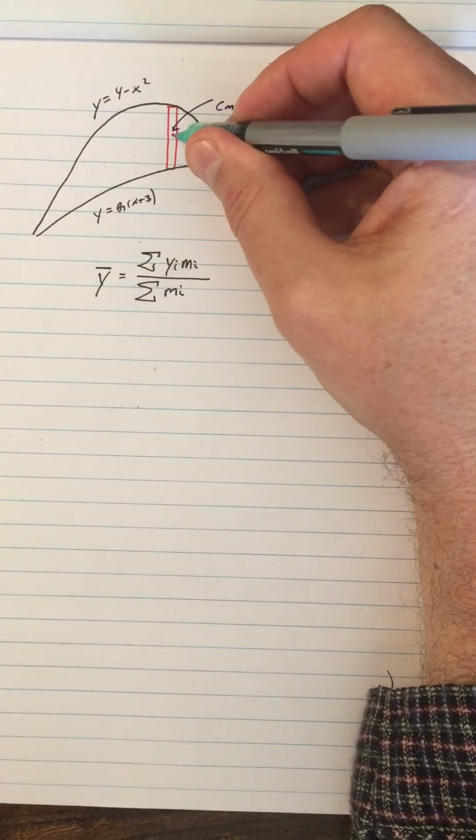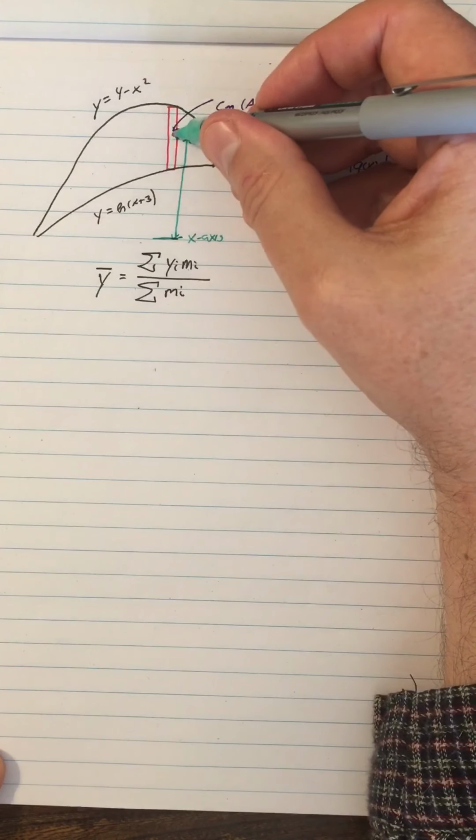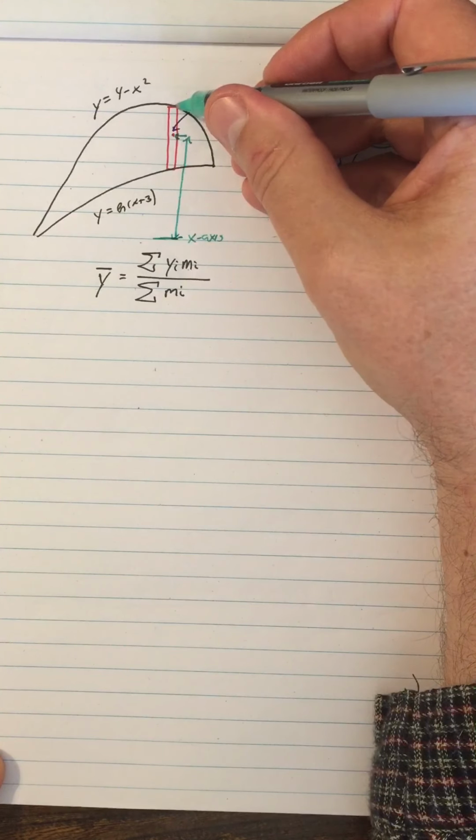Remember, this is the center of mass right here of my ith rectangle. If I go down to here where the x-axis is, there's where the x-axis is. Then we ask, how high is the center of this strip? Well, the center is the midpoint of g of x and f of x, the center of that segment from g of x to f of x.